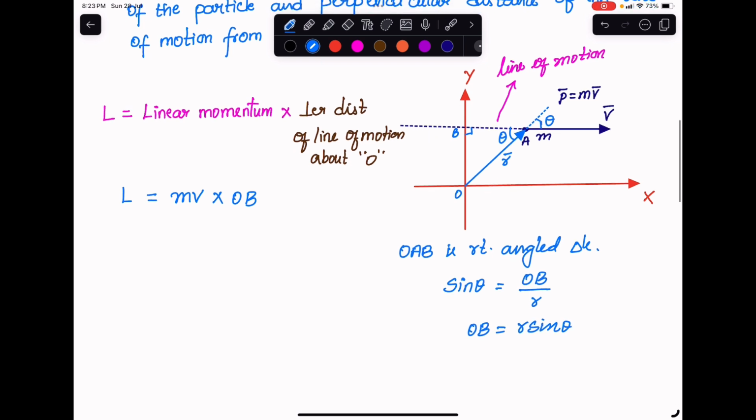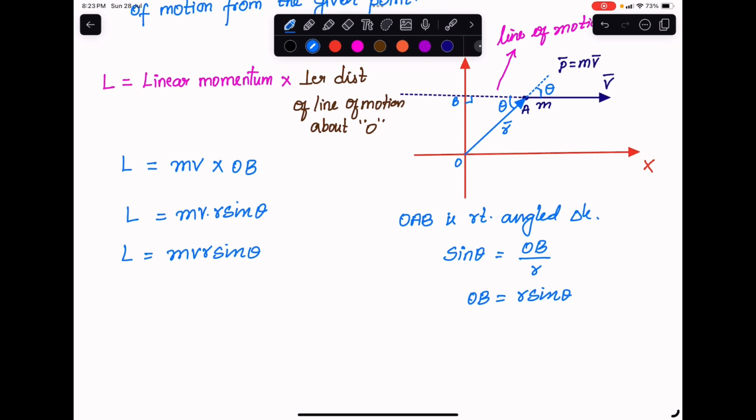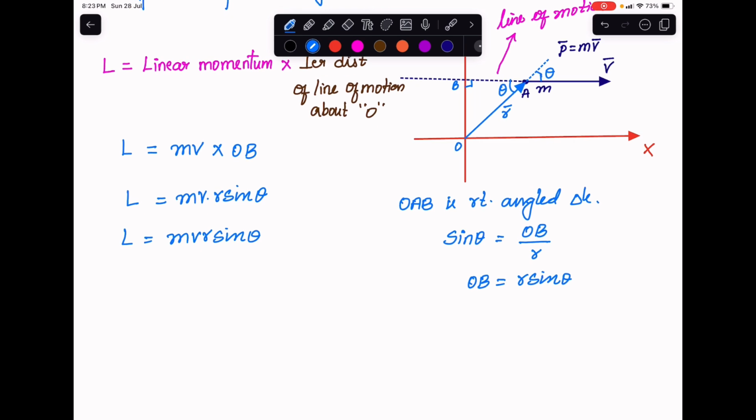Now replace it here. So L is equal to mv into r sine theta. So this is nothing but L is equal to mvr sine theta. Here there are velocity and position vectors, two different vectors which under multiplication gave you sine theta, right?